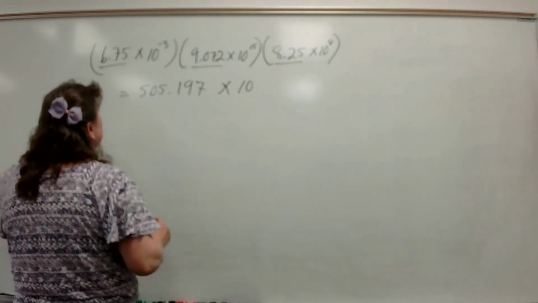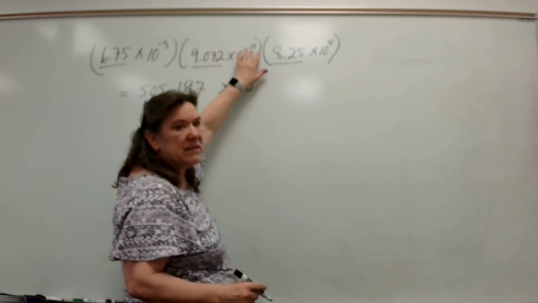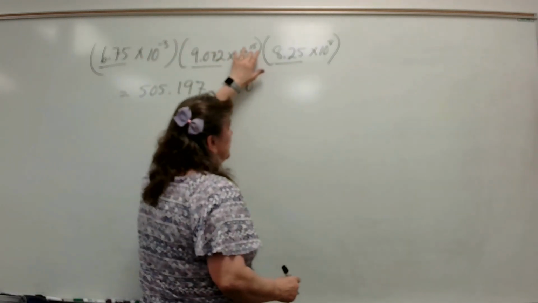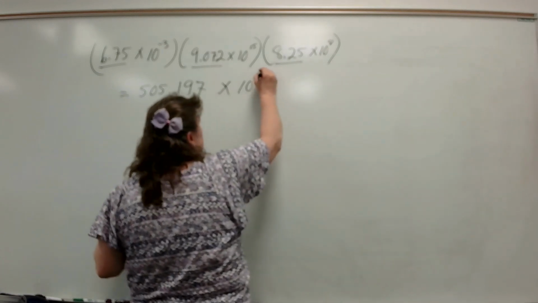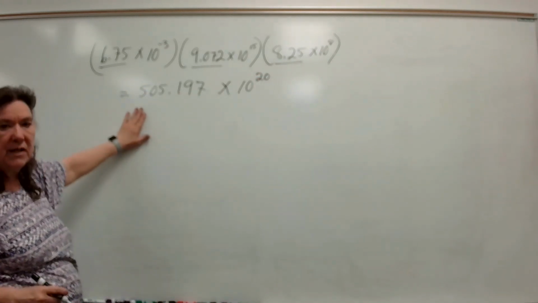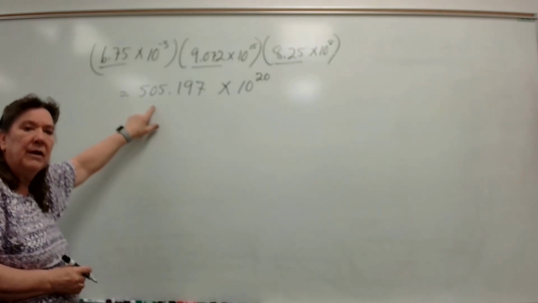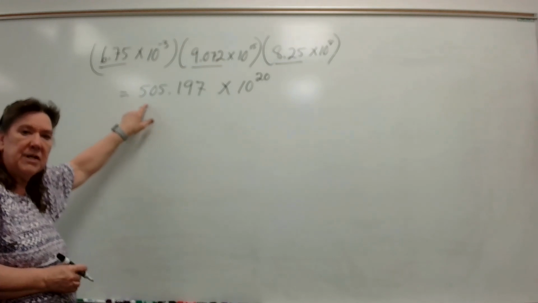Well, we're going to add these exponents. Negative 3 plus 15 is positive 12, and 12 plus 8 is a positive 20. But now, is this finished? No, it's not, because 505 here is not in scientific notation.